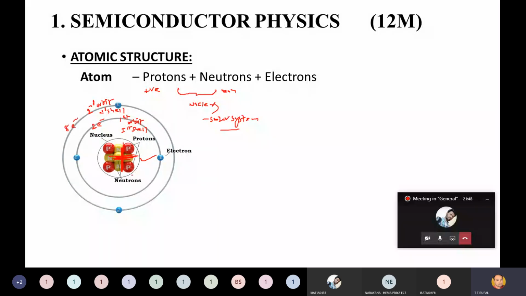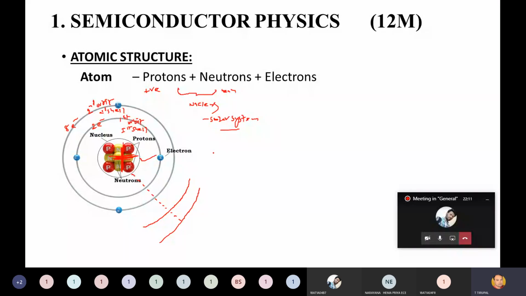As you go away from the nucleus, there are various orbits present around the nucleus, and in those orbits various electrons are revolving. One important competitive exam question comes here: how many electrons are revolving around the nucleus in each orbit?